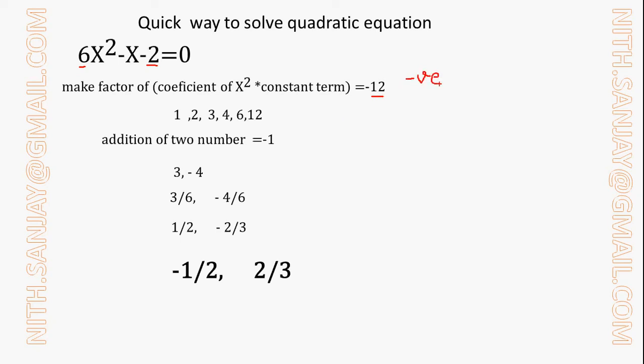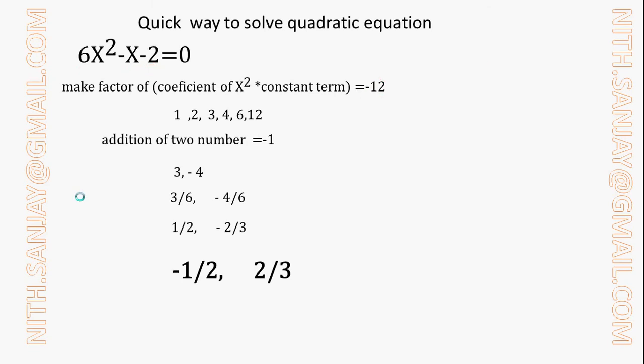So it means that the roots of this equation will have opposite signs. One will be a positive root, another will be a negative root. Why? That is decided by the sign of this product, because this product is negative.